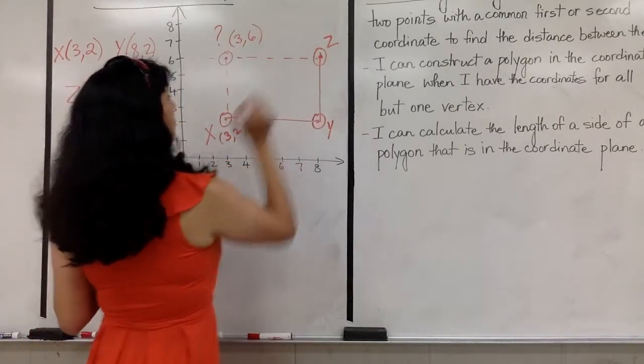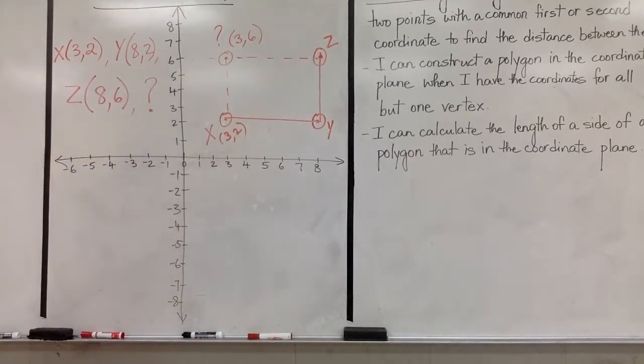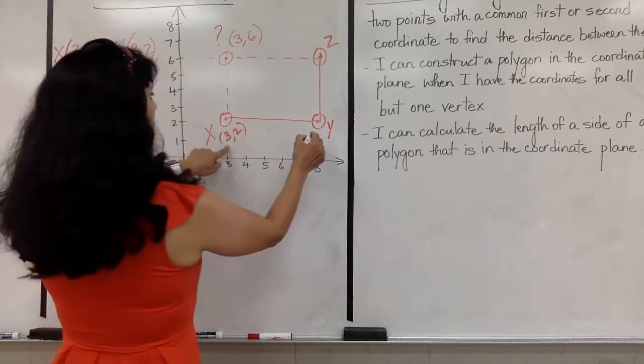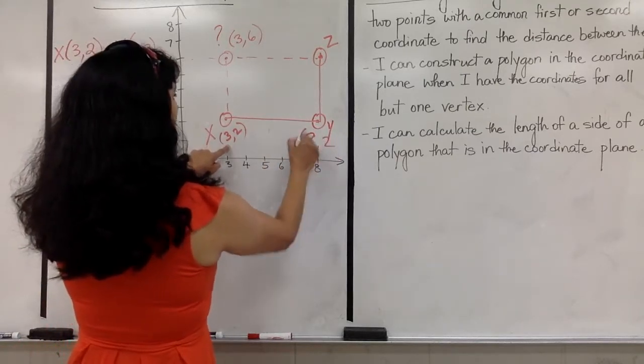Now, once you have found the missing coordinate of the last vertex, it'll ask you to calculate the length of that side of the polygon. So let's say I ask you, what is the length from 3, 2 to 8, 2?